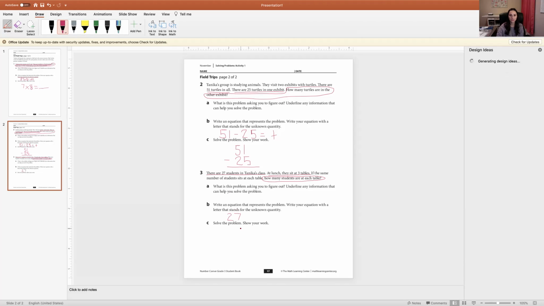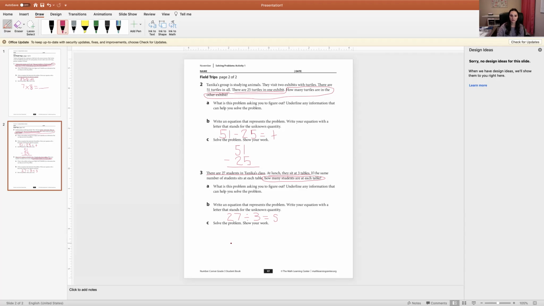Because when I'm using division, I always start with the largest number. 27 divided by 3, because they're sitting at 3 tables, equals, I'm going to put S for students. 27 divided by 3 equals S. That is my equation. Now I'm going to solve the problem.